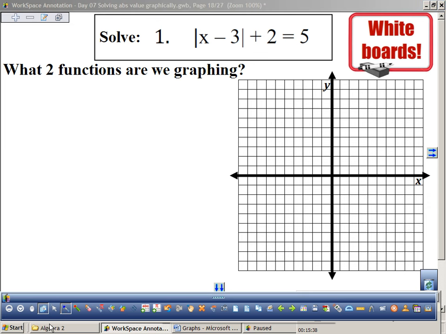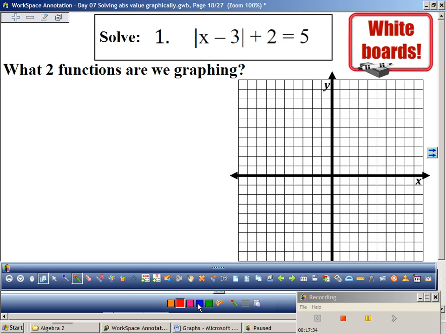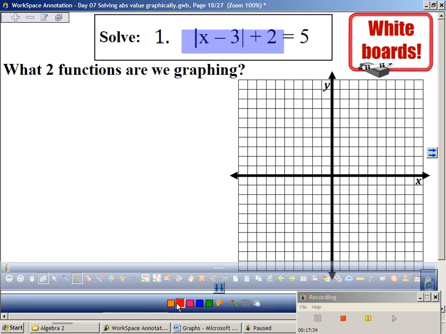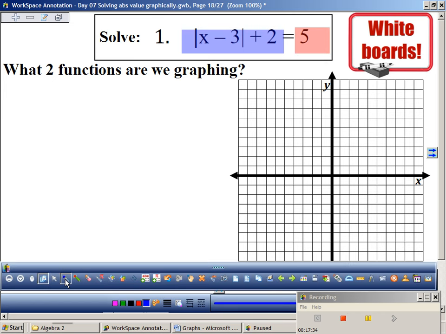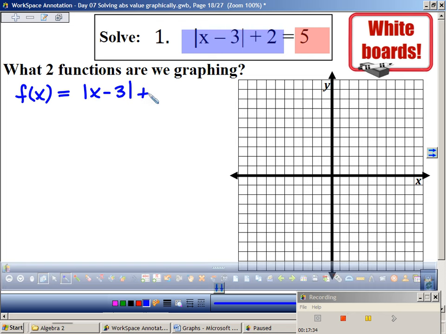So I've got 2 different equations here, or 2 different functions. I'm going to split it into 2 different functions. My first function is going to be the absolute value of x minus 3 plus 2, and my second function is going to be g of x equals 5.